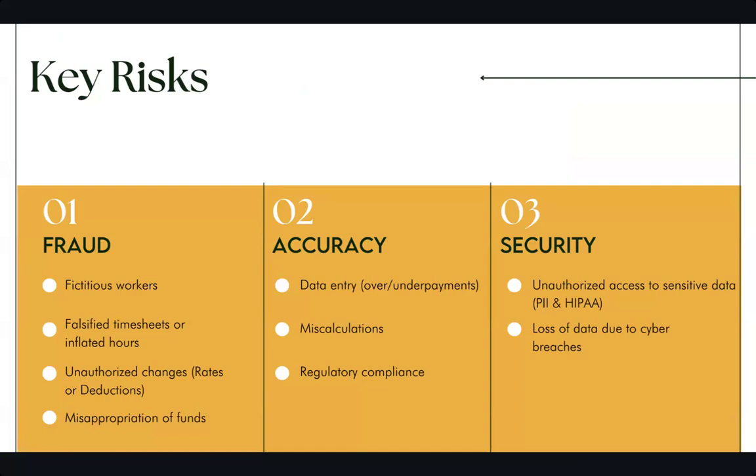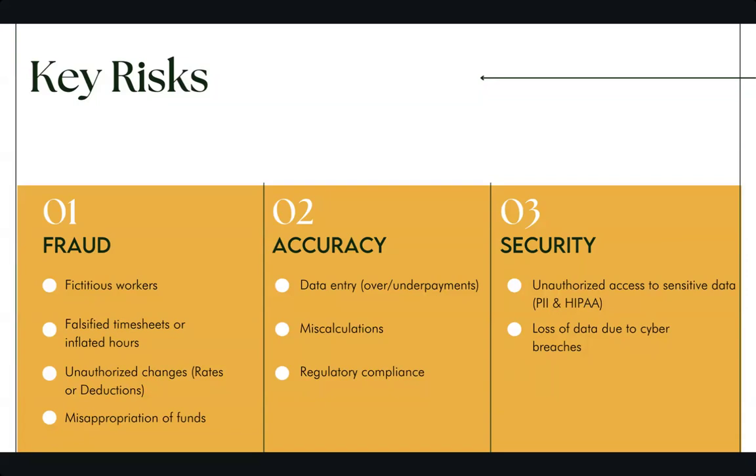This slide is on the key risks within the area. The risk points within payroll, benefits and tax compliance all fall within these three buckets. The first is fraud risk, and here are some of the specific opportunities for fraud to enter into the payroll and benefits process.